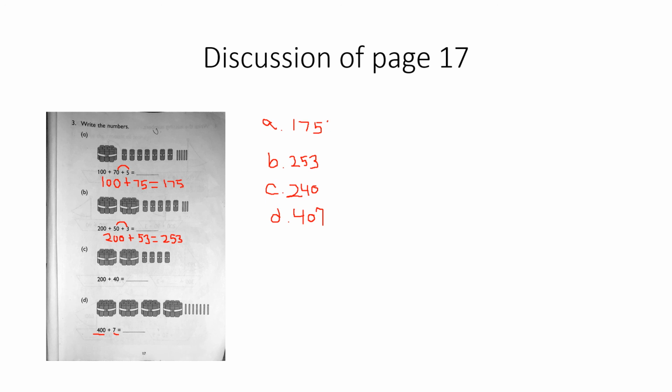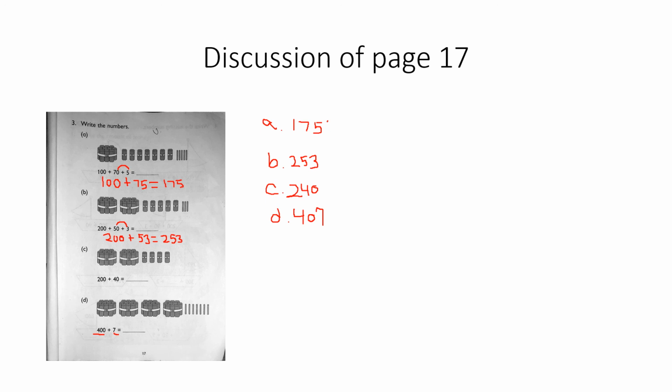There was an exercise where we didn't have a tens and we only had hundreds and a ones. So I think, if I'm not mistaken, that would be letter H from page 15. Letter H from page 15, we had 307. And in this case, we have 400 plus 7, which is exactly the same thing. We have 400 plus 7, that's 407. We have the hundreds and we have the ones.